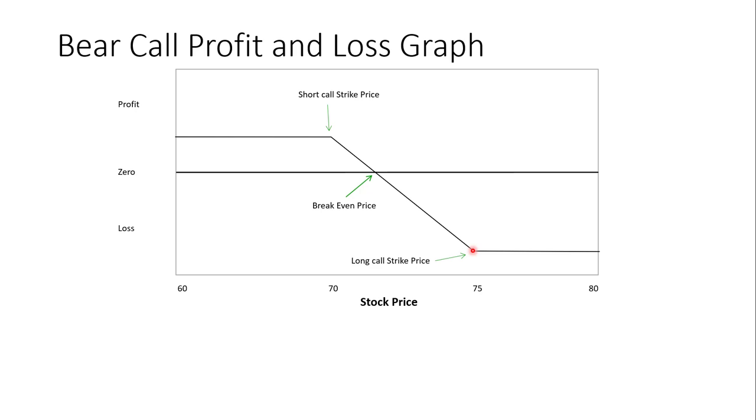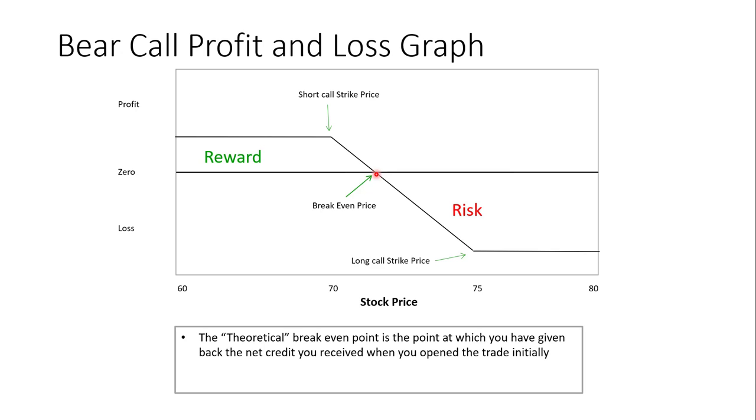I get a credit for this transaction, and that is the point where the equity price crosses the zero line. I have reward if the equity stays below, and I have risk if the equity moves above that break-even point.